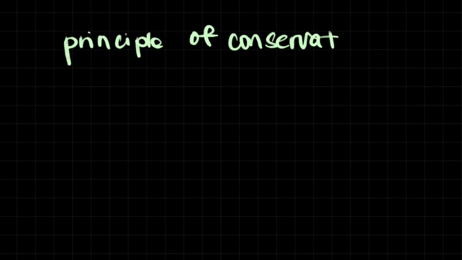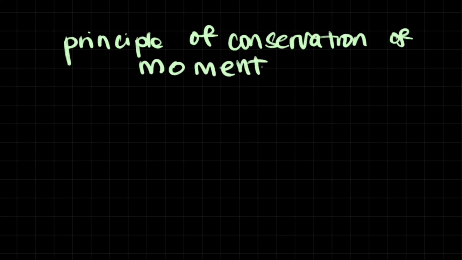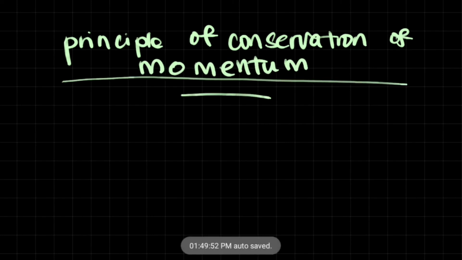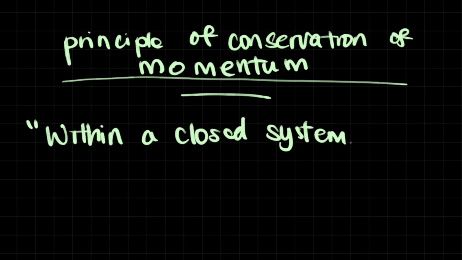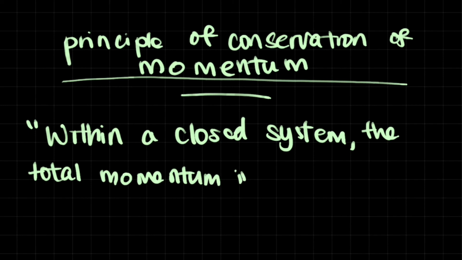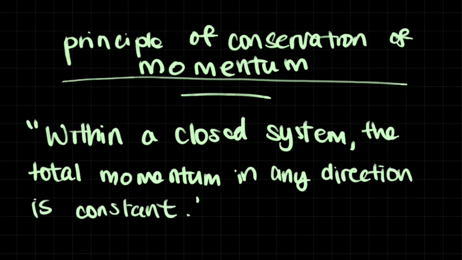So we have a principle of conservation of momentum, which is very important in this topic. The principle of conservation of momentum tells us that within a closed system, the total momentum is always conserved, and in any direction as well, because it is a vector quantity.